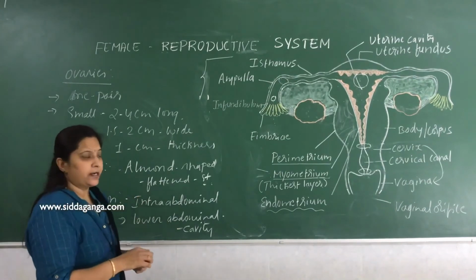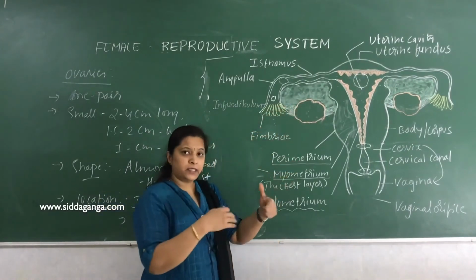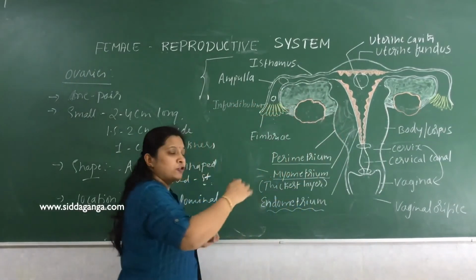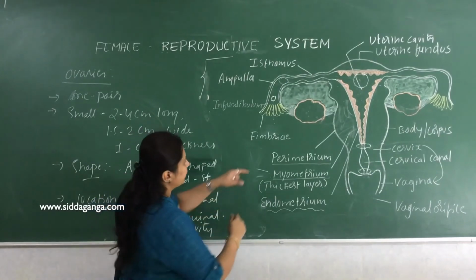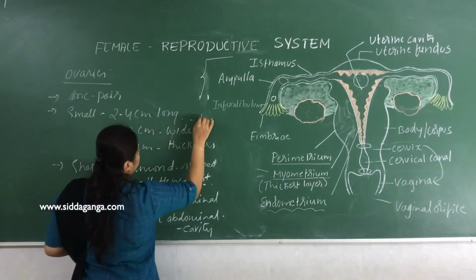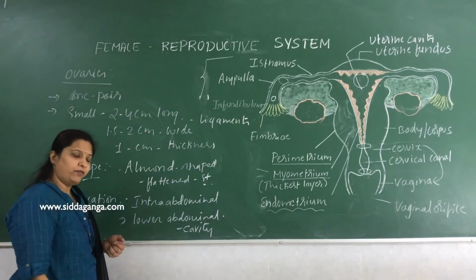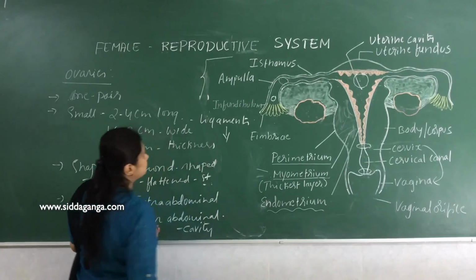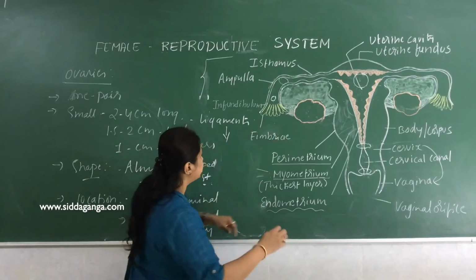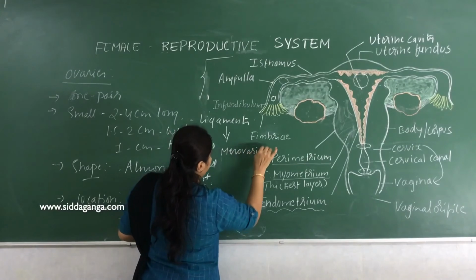In the abdominal cavity they are supported by ligaments. The ovaries are connected to the fallopian tube, to the uterus, and also to the abdominal wall. The ovaries are connected to the fallopian tube and the uterus with the help of ligaments, and to the abdominal wall with the help of the mesovarium.